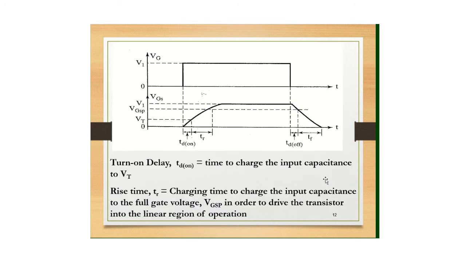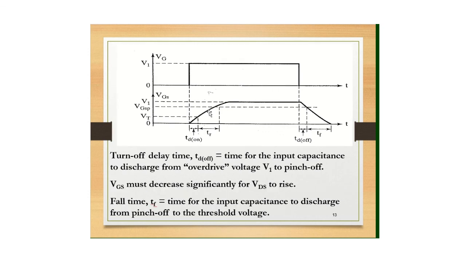Just to summarize again, turn on delay TD on is the time to charge the input capacitance to VT. Rise time TR is the time to charge the input capacitance to the full gate voltage VGSP in order to drive the transistor to the linear region of operation. Turn off delay time TD off is the time for the input capacitance to discharge from the overdrive voltage to the pinch off region.